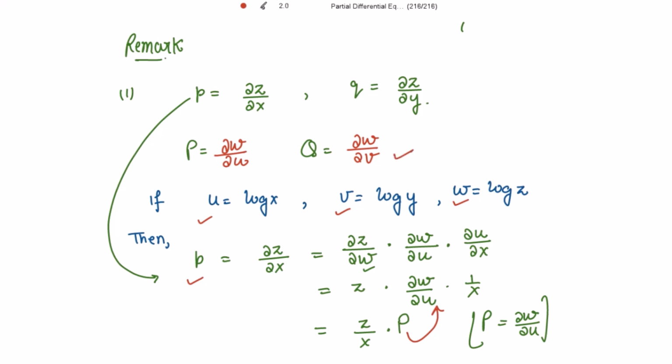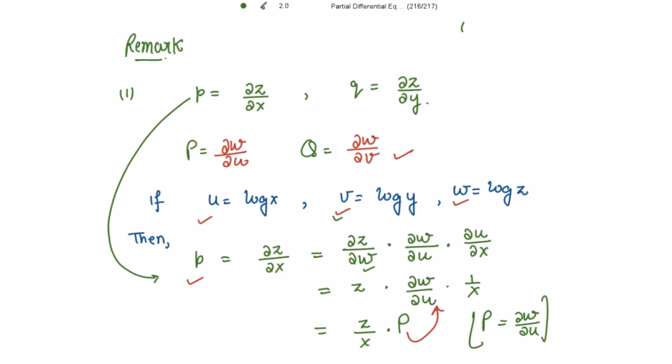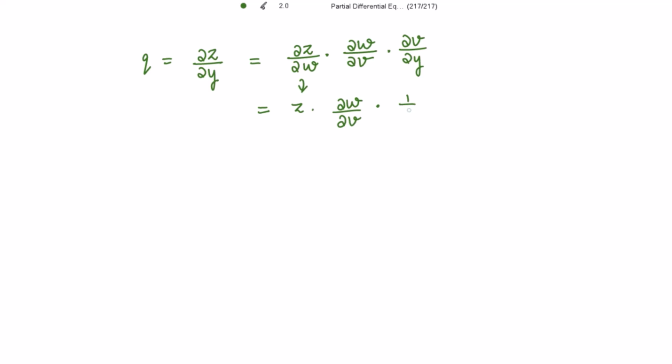For this capital Q, we take small q equal to the partial derivative of z with respect to y, which can be further written as the partial derivative of z with respect to w, the partial derivative of w with respect to v, and then the partial derivative of v with respect to y. This is z. Let me write this as it is, and the partial derivative of v with respect to y will be 1 divided by y. So this is 1 by y. Taking z by y together and introducing capital Q to be the partial derivative of w with respect to v.